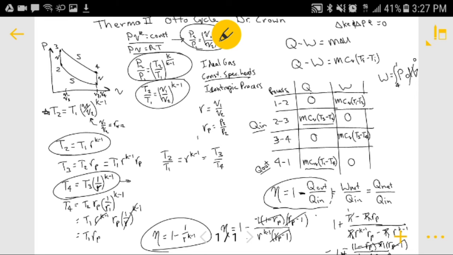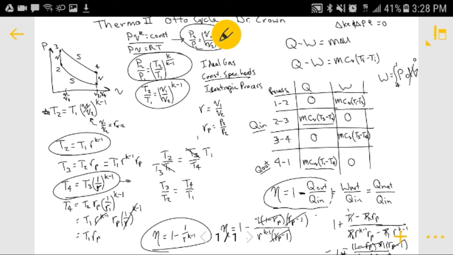So those two things don't really need the r to the k minus 1 in the middle, they equal one another. And I could rearrange that, dividing both sides by T3 and multiplying both sides by T1, and I get that T2 over T3 equals T1 over T4, or if I want to write that as T3 over T2 equals T4 over T1.